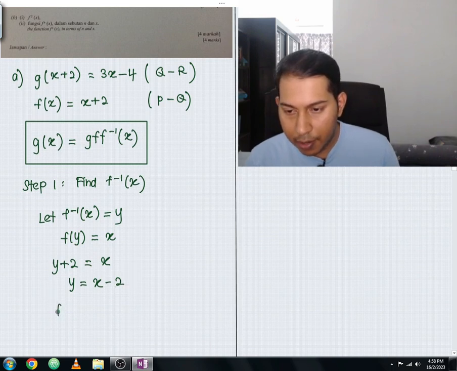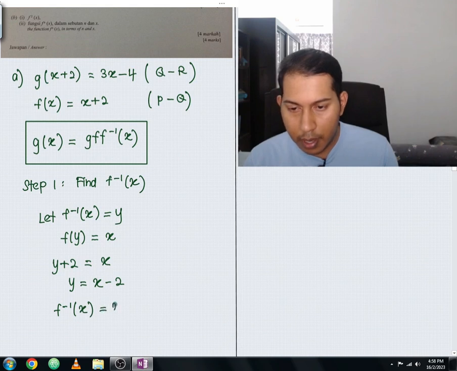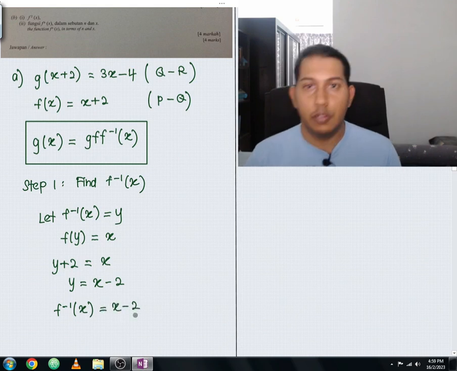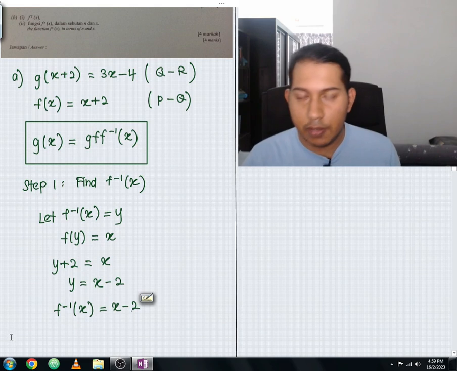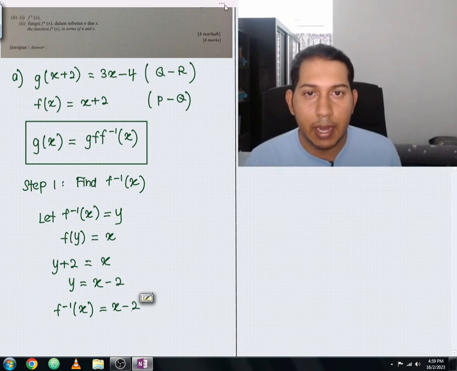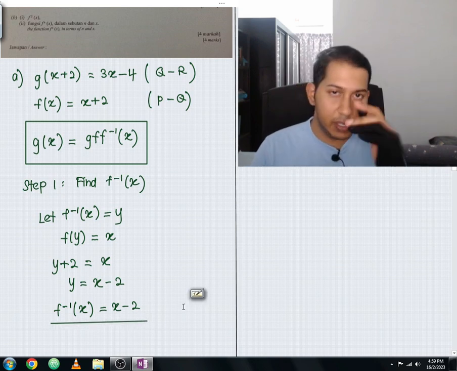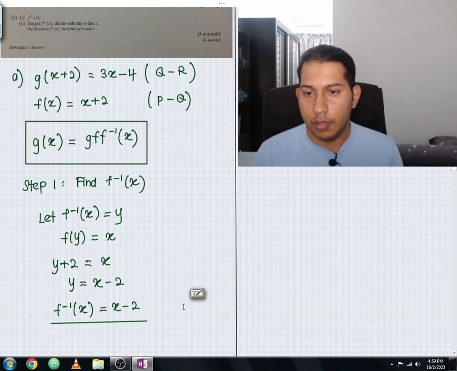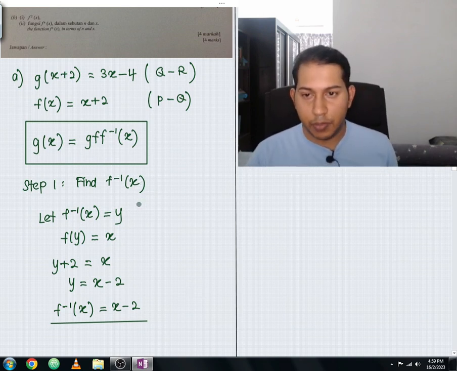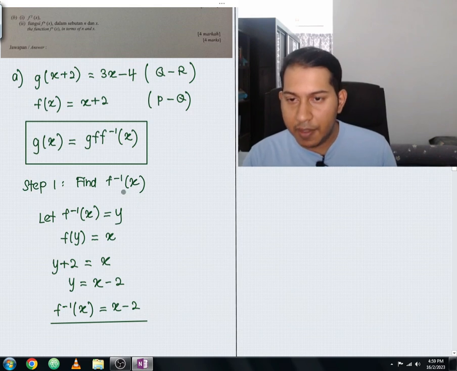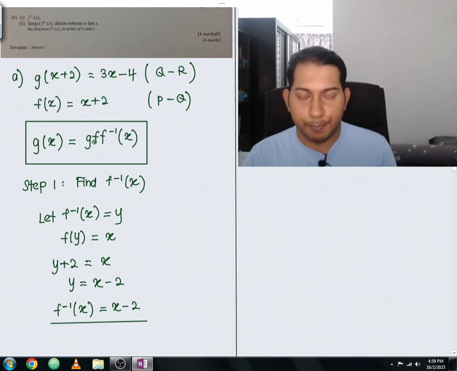From here you get f inverse x equals x - 2. So this is your step number 1. Let me underline the solution with a straight line. This is not the final answer, guys, this is just one of the step solutions. You already have the f inverse now, and once you have it, it will be easier for us to solve this.